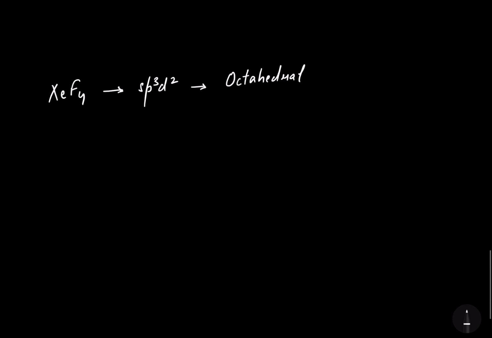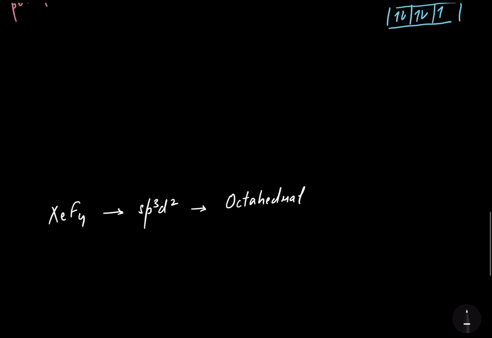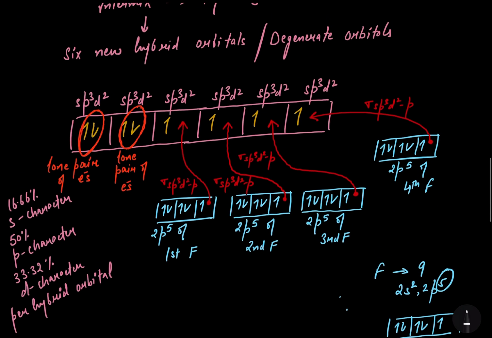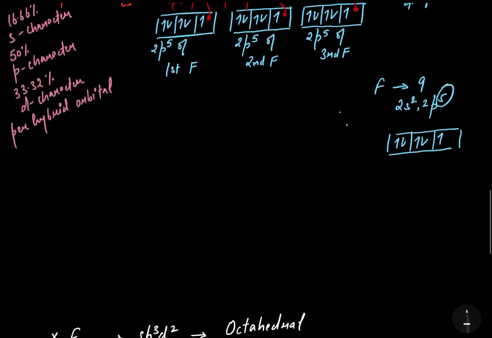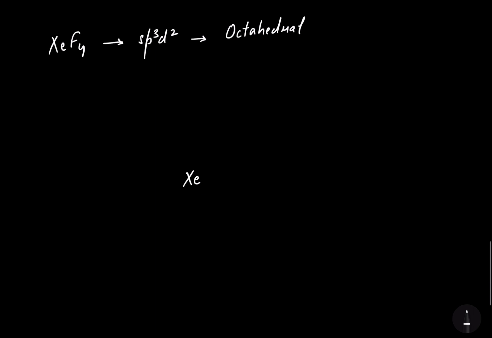Now let's make the structure. That's the xenon. According to the hybridization, we have 2 lone pairs of electrons and the 4 sigma bonds with fluorine atoms. So let's adjust all these in the structure. That's the first sigma bond with the first fluorine.